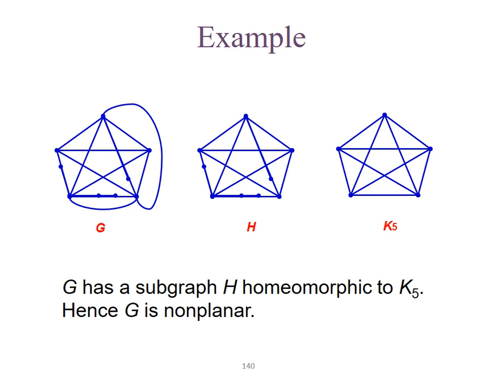But we can see G has a subgraph H. If we remove these two edges, then H is a subgraph of G, and H is homeomorphic to K5, because from H to K5 we have only four additional vertices. So G has a subgraph H homeomorphic to K5. That means we have a K5 hidden in G. So by Kuratowski's theorem, G is not a planar graph.